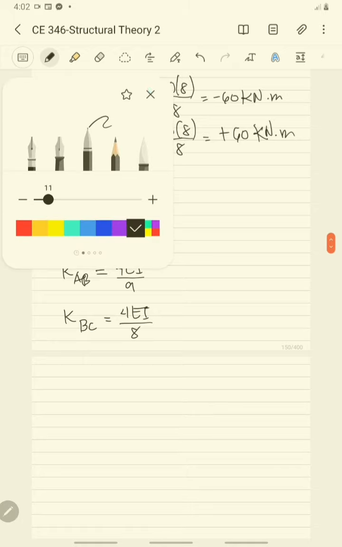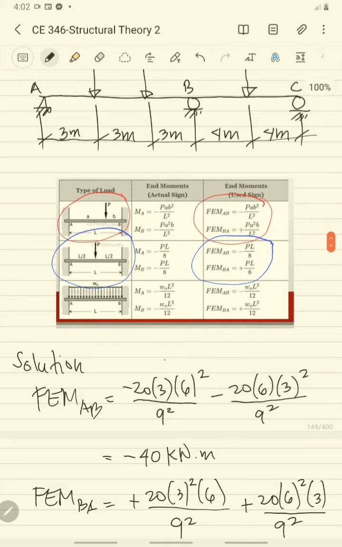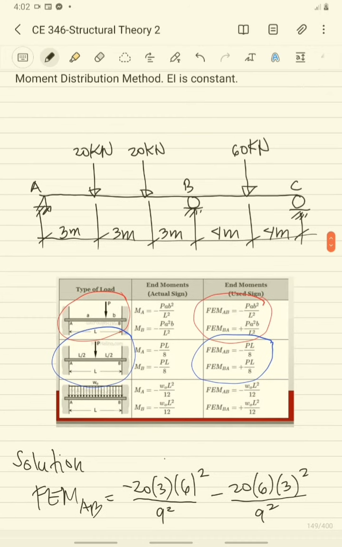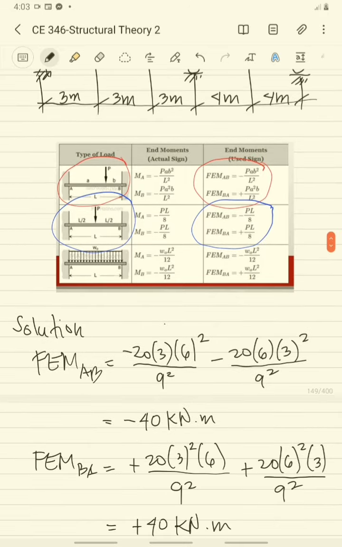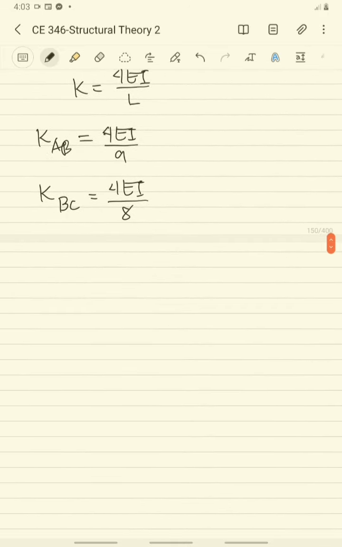Looking back to our beam, all members are connected to joint B, so we can determine the distribution factor for this.